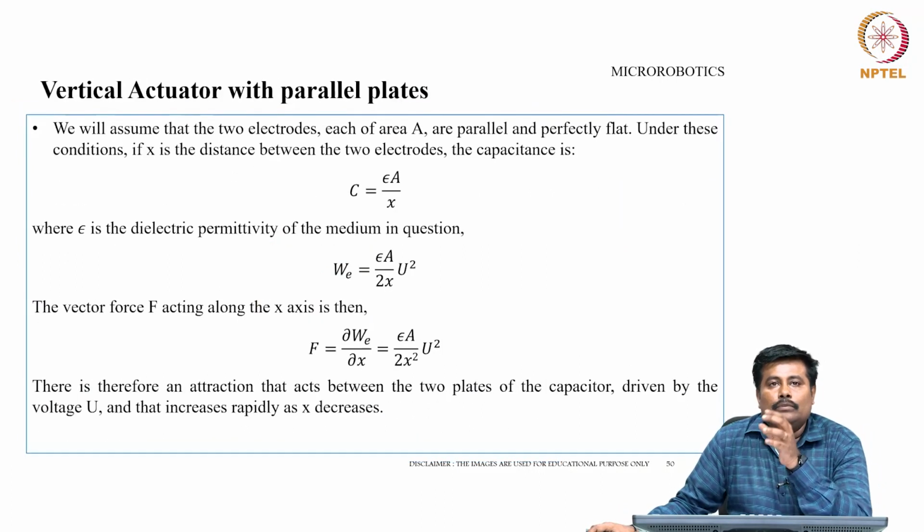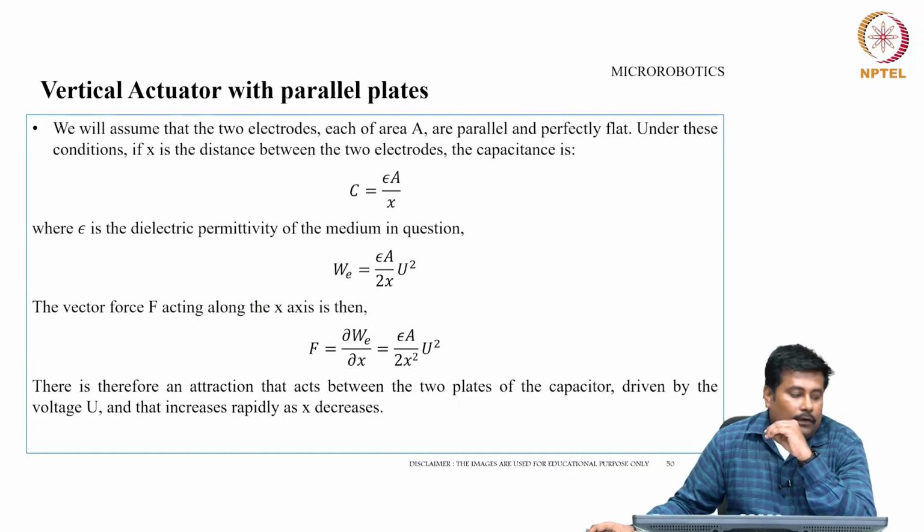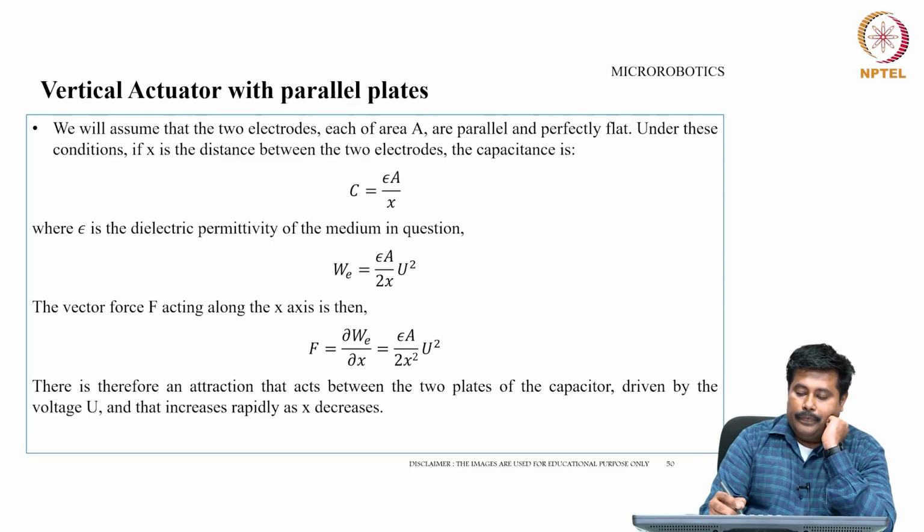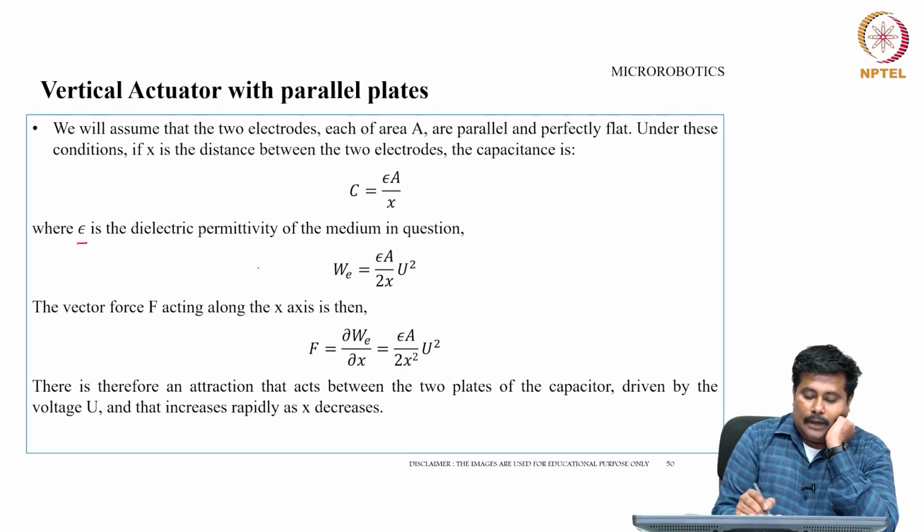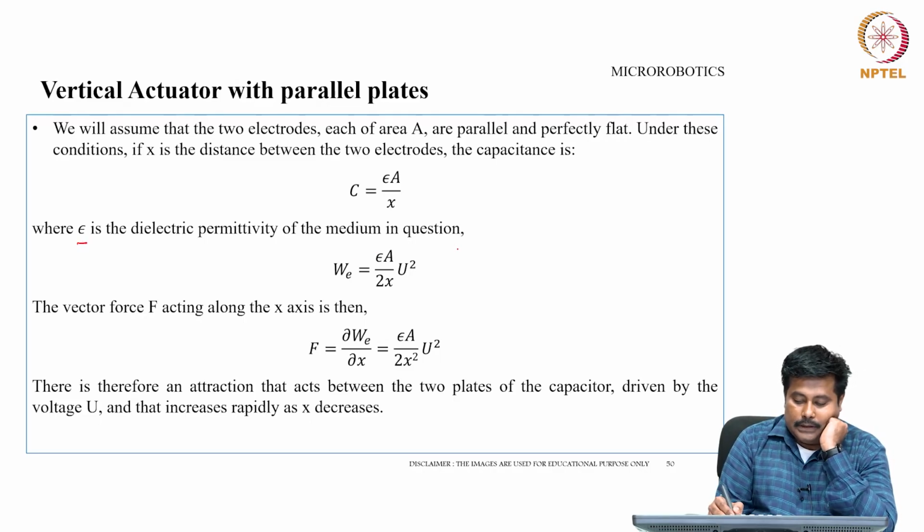So we will assume that two electrodes, each of area A, are parallel and perfectly flat. Under these conditions, if x is the distance between the two electrodes, the capacitance is C equals epsilon A by x, where epsilon is the dielectric permittivity of the medium in question, and We is epsilon A by 2x U squared.